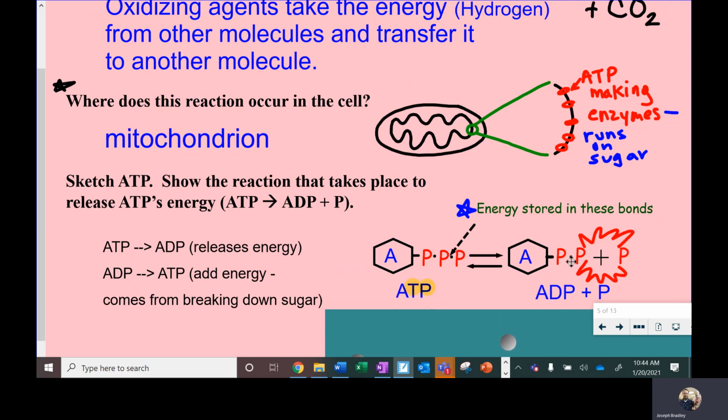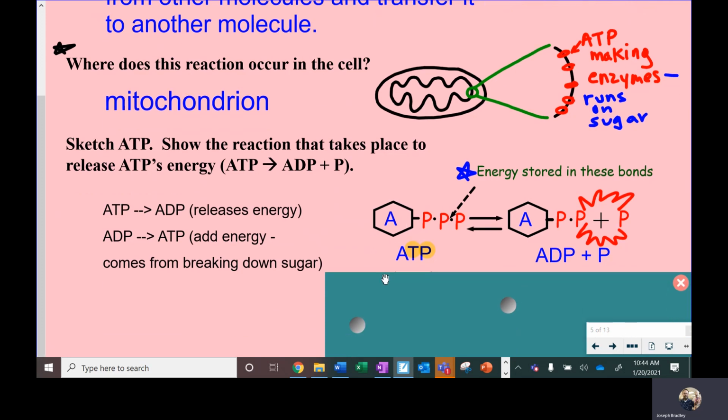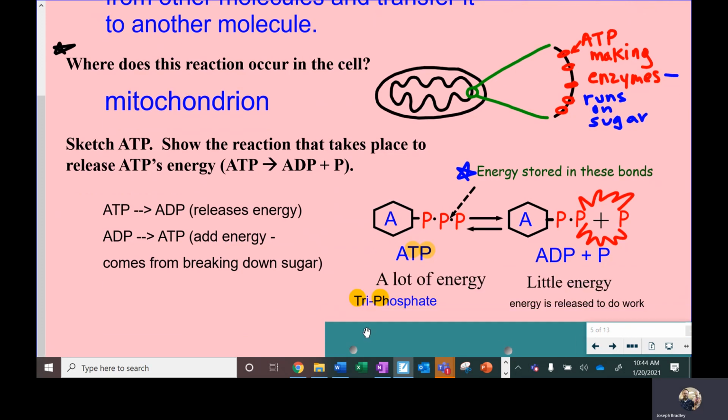So when that bond gets broken, energy gets released, as a result of the phosphate getting added to another molecule, and then that gives that other molecule the energy. So as ATP, there's a lot of energy, but once it's spent by giving up its phosphate, now it has little energy. But the thing that gained the phosphate now has a lot of energy.